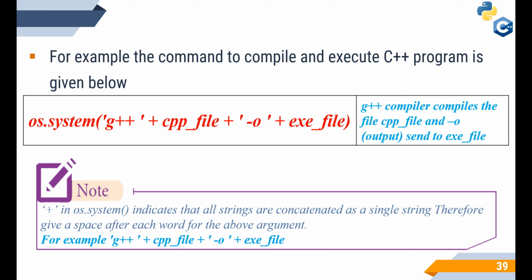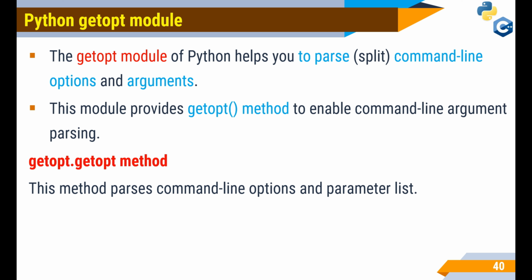For example, g++ in single quotes, plus cpp_file, plus '-o' in single quotes, plus exe_file. Now, the Python getopt module. The getopt module of Python helps you to parse, that is, split, command line options and arguments.